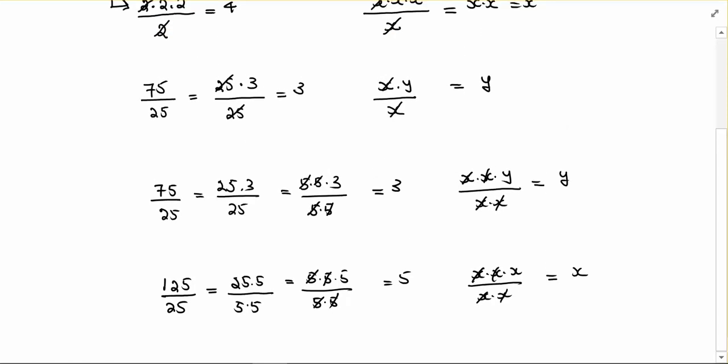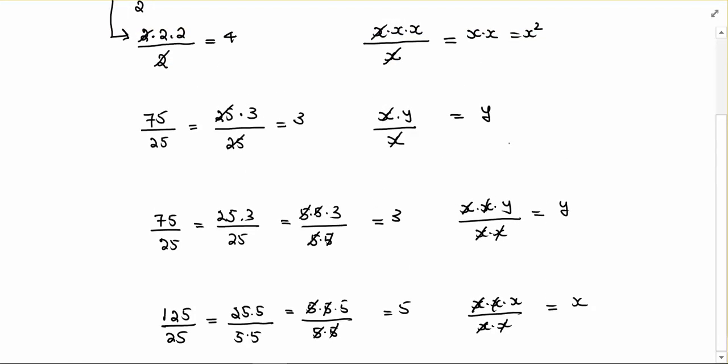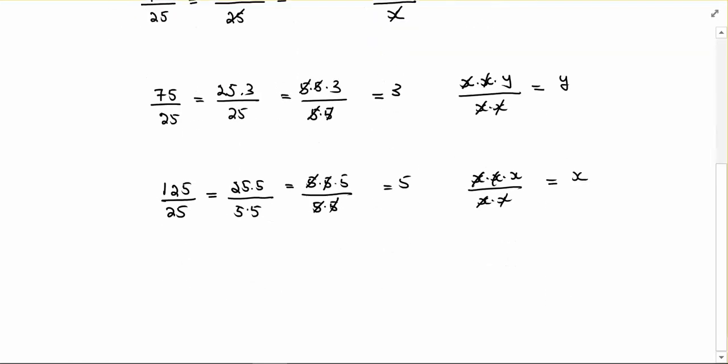Now a couple of things should come out from these two. Let's start with this situation and see if we can see a pattern. Over here we had x to the third divided by x to the second, and the answer became x.